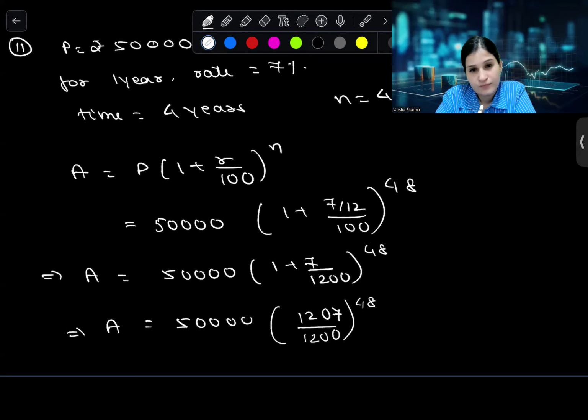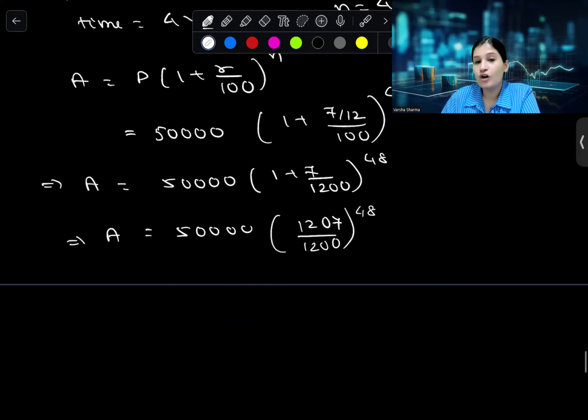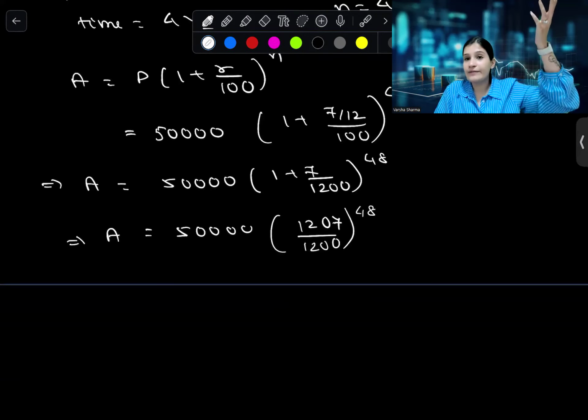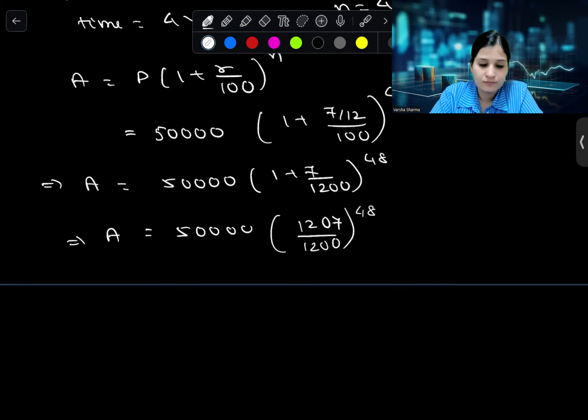So in such a calculation, what will we do? With the help of logs. So let's take log on both sides. Similarly, just like we did taking x, now instead of x we have A. Try to solve this.